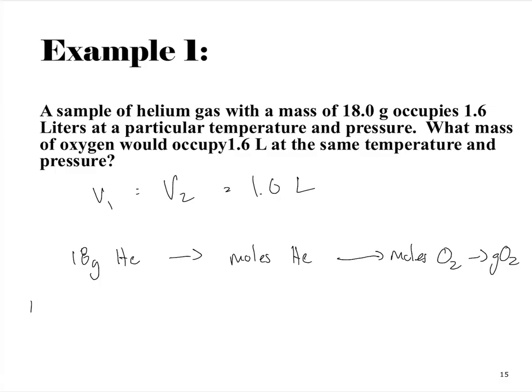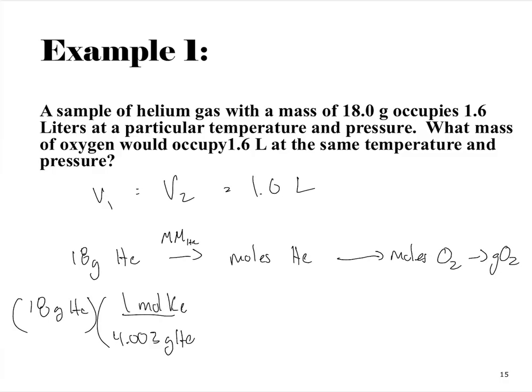So here we would convert 18 grams. And how do we convert grams of helium into moles of helium? All right, we use the molar mass of what? Helium. So what is the molar mass of helium? You want to tell me? 4.003 grams of helium per 1 mole of helium.